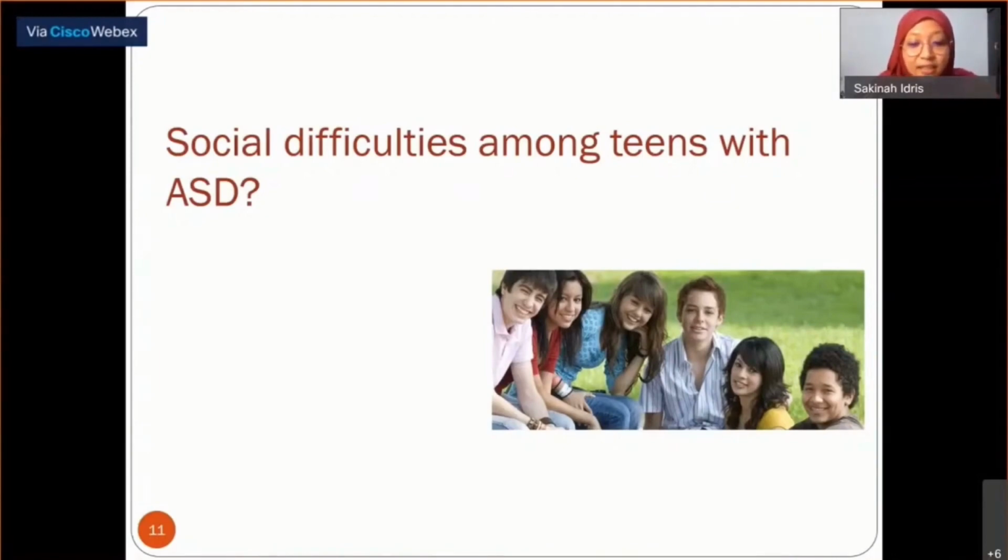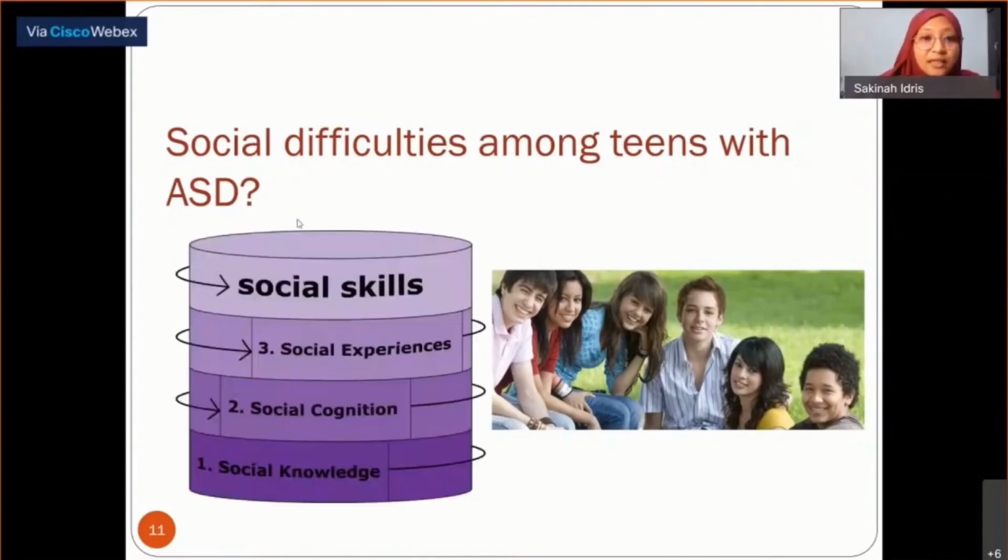I want to bring an approach that I learned during my PhD. Social skills research was done many years ago, but we came up with a social learning approach. This is the approach that we use in our research.